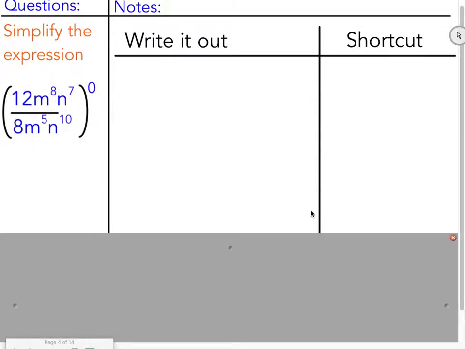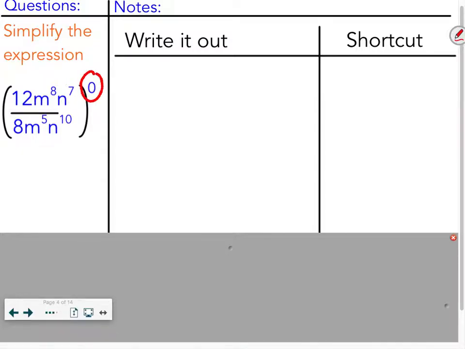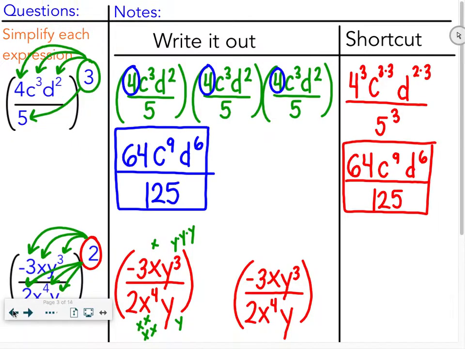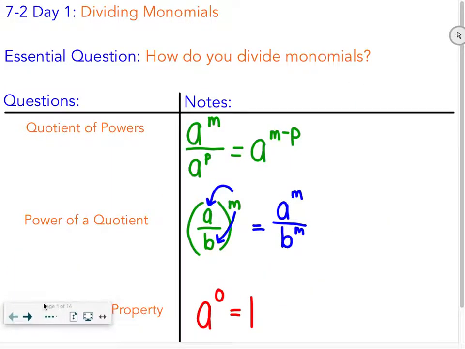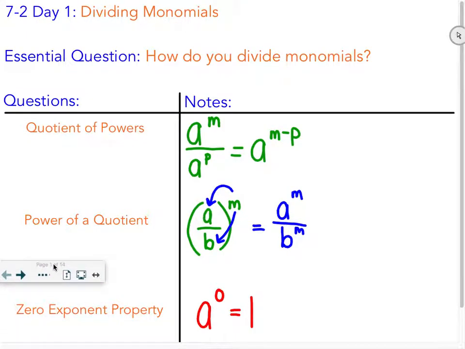All right. This one is going to look complicated, but it is actually very, very easy, and that is because of the outside exponent being a 0. If the entire parenthesis is raised to the 0 power, and I look back at my vocab, remember that anything raised to the power of 0 is just 1.